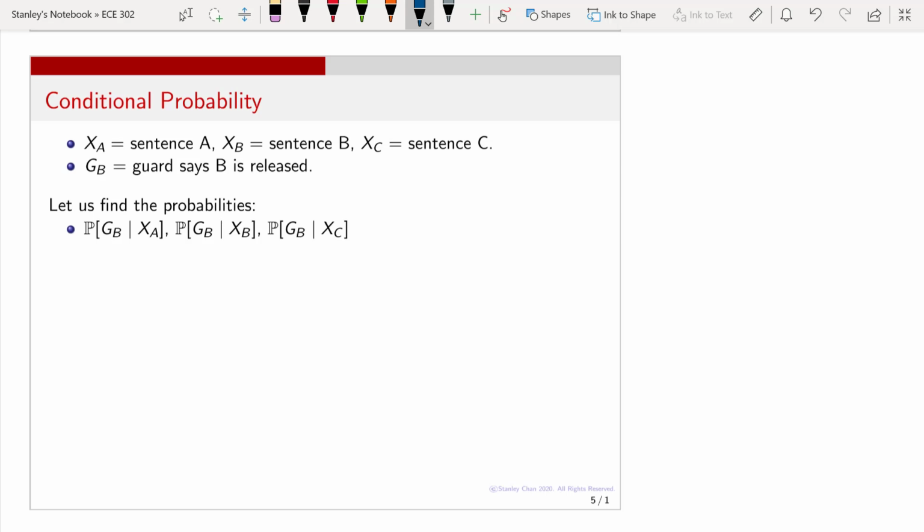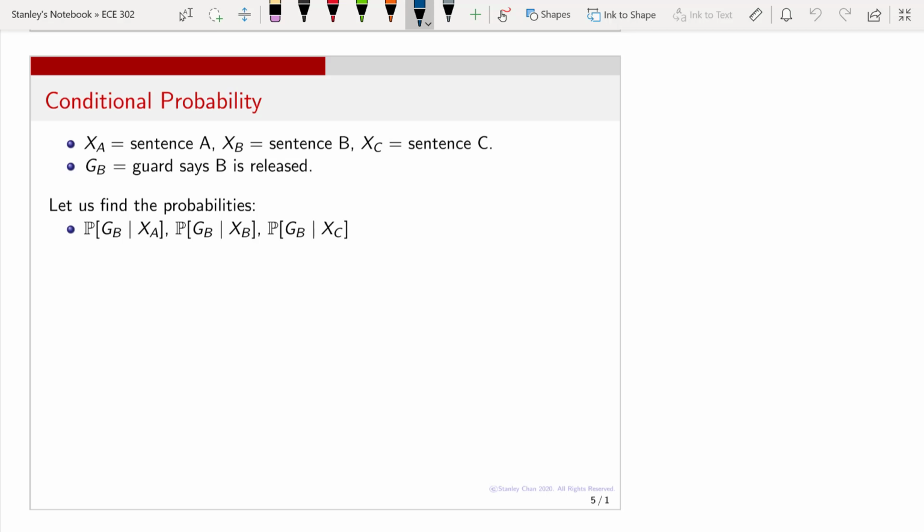These are the conditional probability that the guard says B is released when A is actually sentenced; or the guard says B is released given that B is actually sentenced; and the third event is that C will be sentenced, and then the guard will say that B is released. So if you look at these three conditional probabilities, what do they really mean?